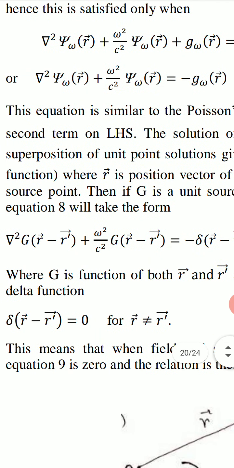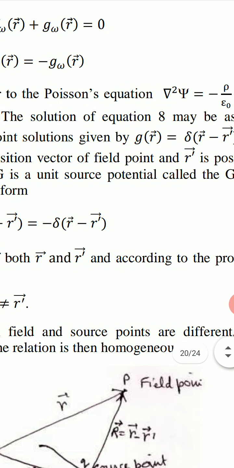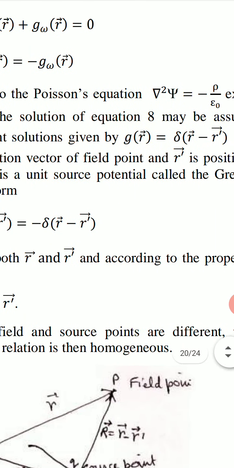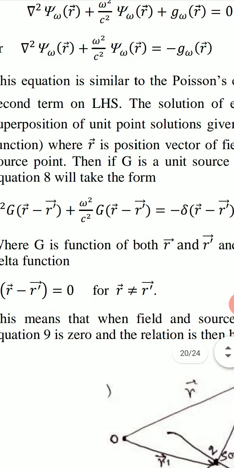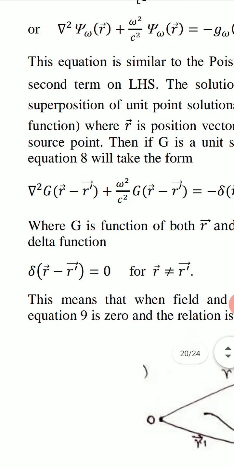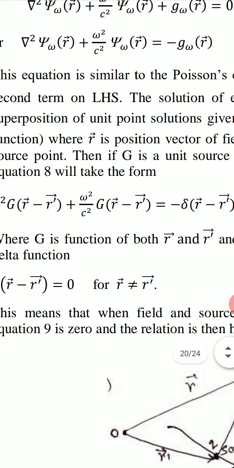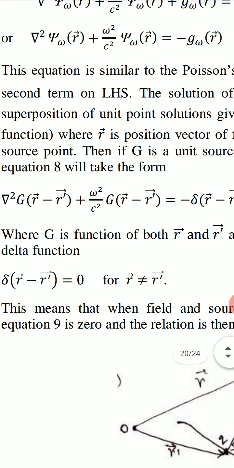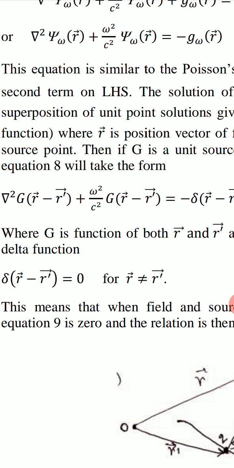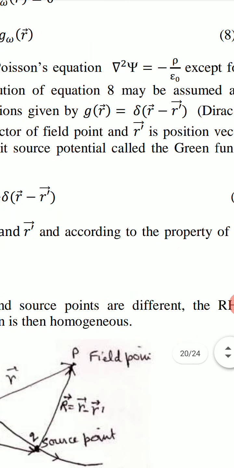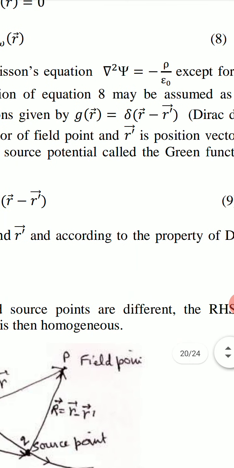This equation is similar to the Poisson's equation del square psi equal to minus rho upon epsilon 0, except for the second term on left hand side. If we do not have this second term in left hand side, this equation will be like Poisson's equation, which is del square psi equal to minus rho upon epsilon 0.